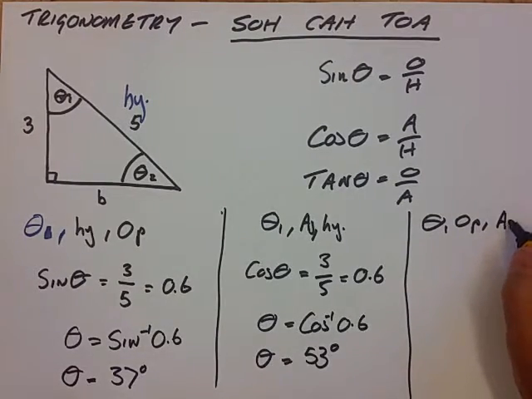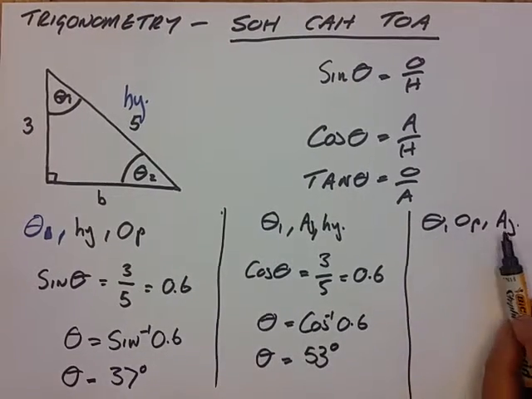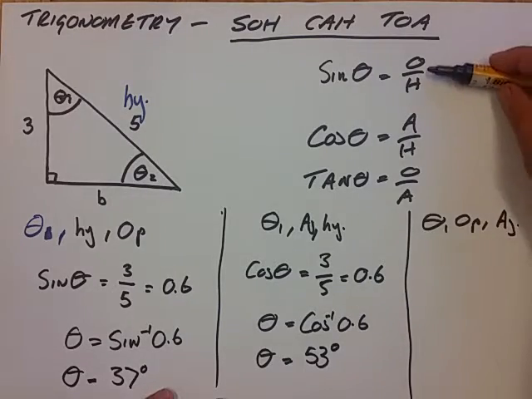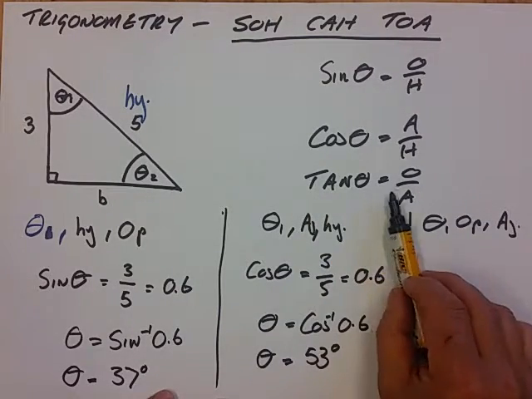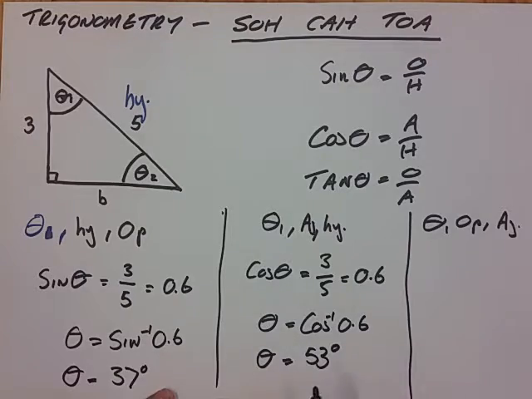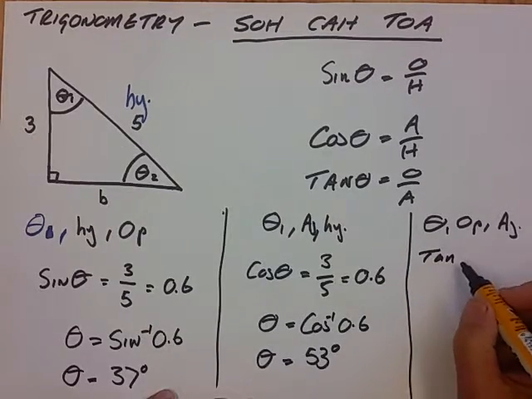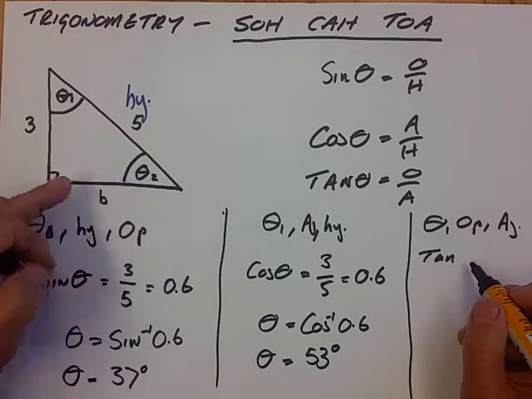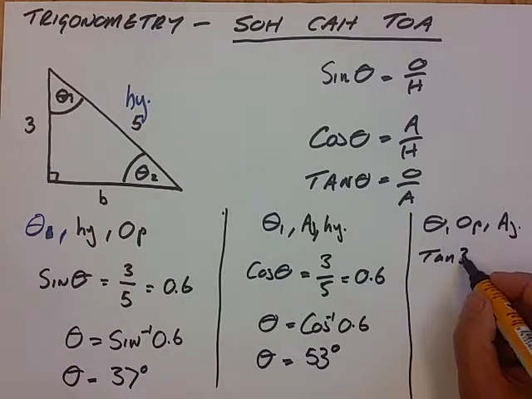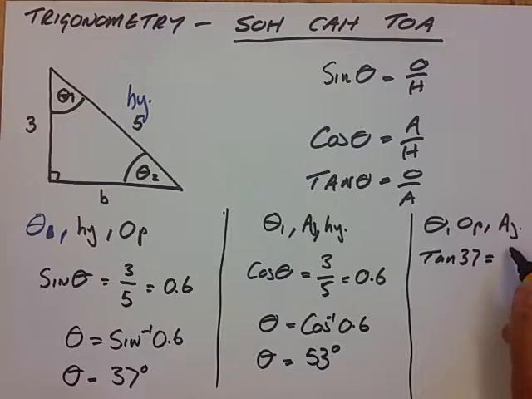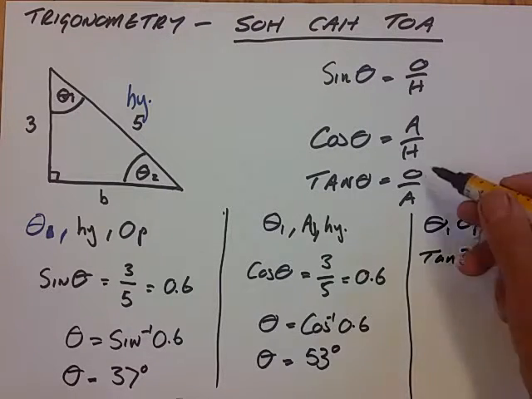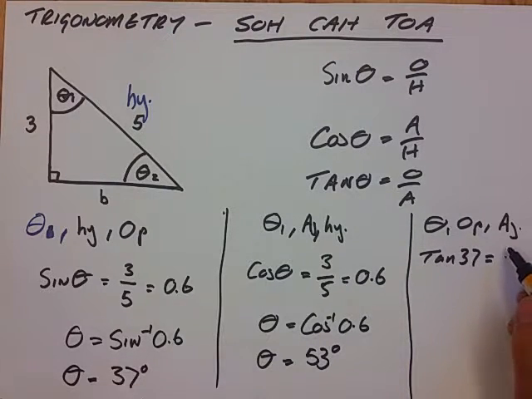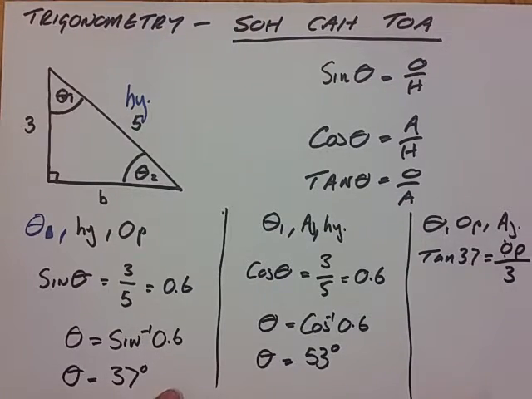So we've got theta, opposite and adjacent. Well, looking down the side here, tan theta equals opposite over adjacent is the only one that contains all 3 variables. So tan 37 degrees equals our opposite, which is B, over our adjacent, which is 3.